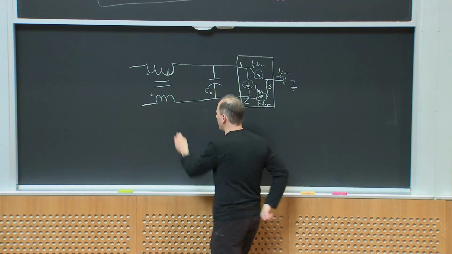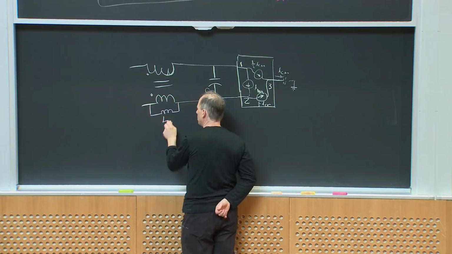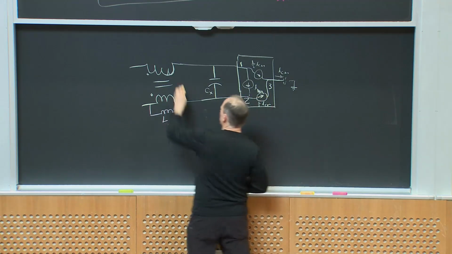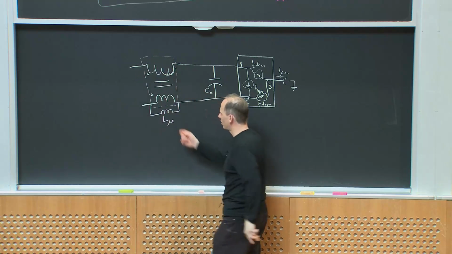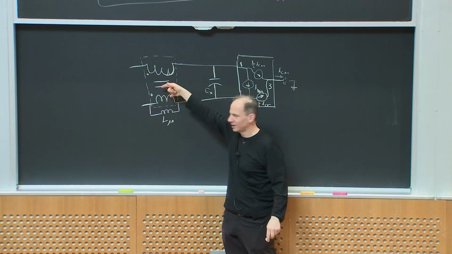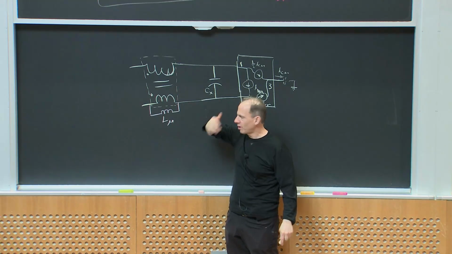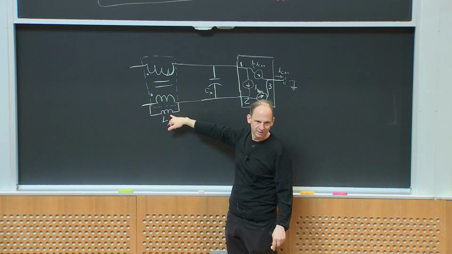Well, one thing, as I said, I could put a magnetizing inductance L mu on one side of the ideal transformer part, right? Now, they have the same winding, so they'd have the same inductance, whichever place I put it. But I could also represent L mu as 2L mu in parallel with 2L mu, right?